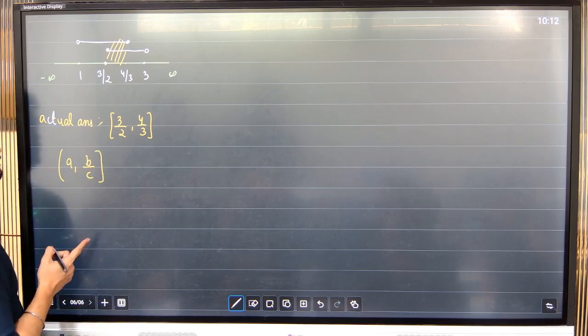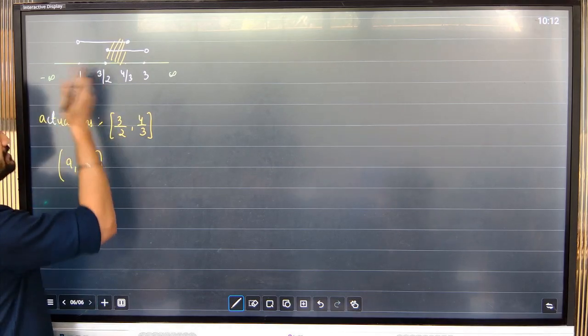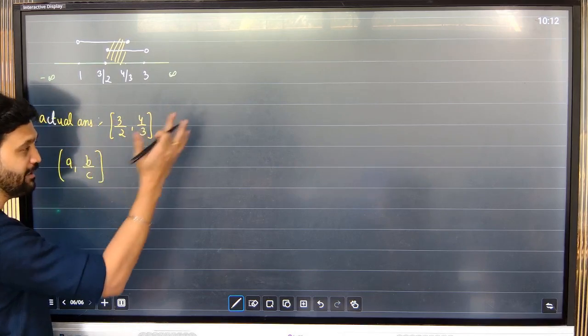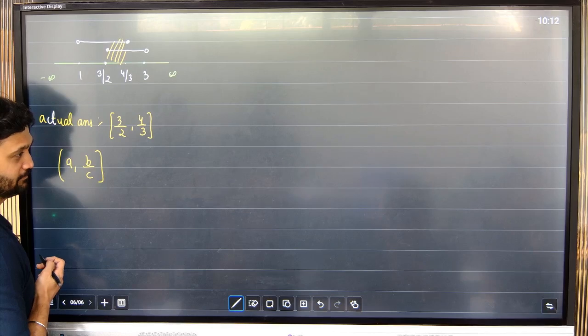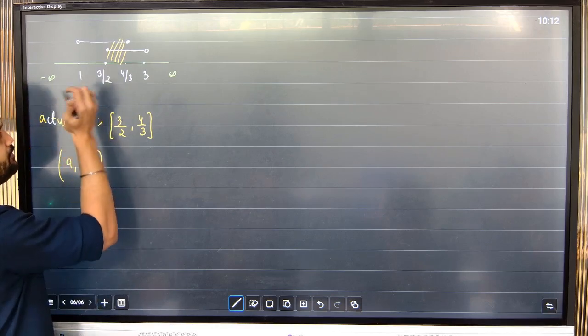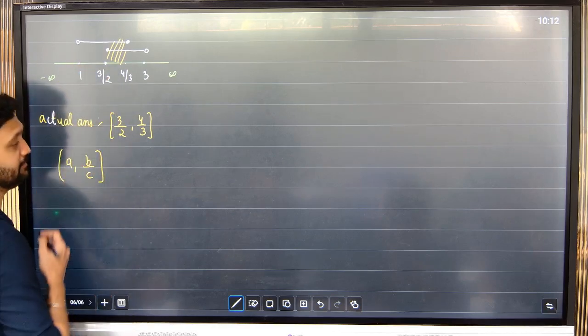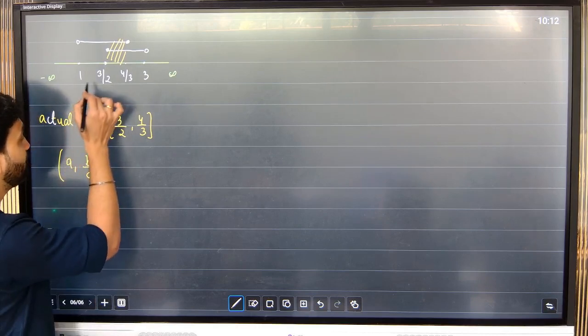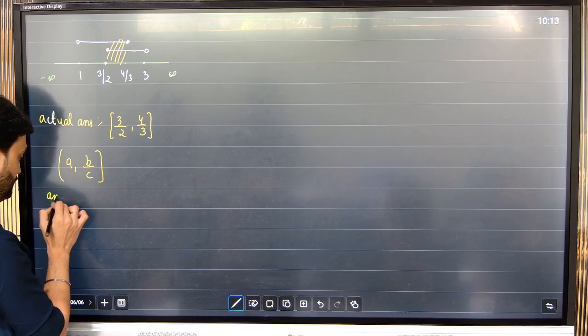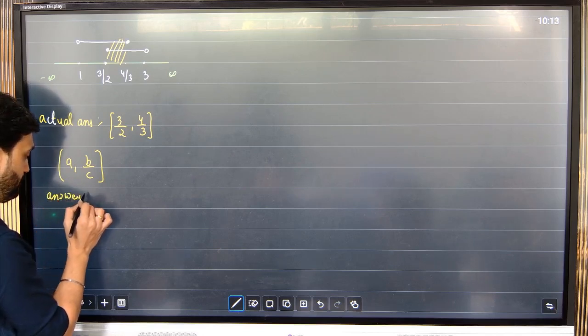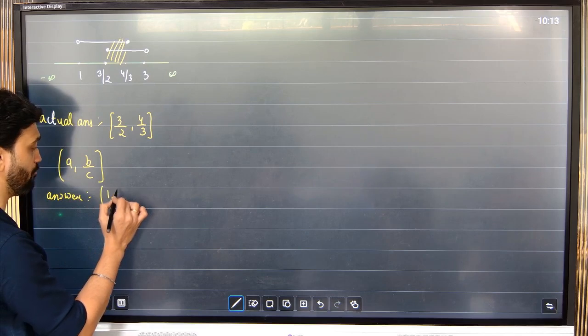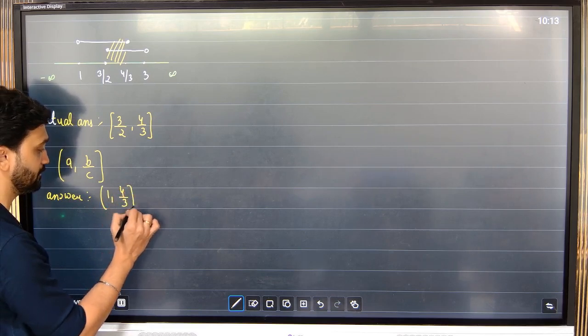This pattern मतलब 3/2 से पहले कौन सा वैल्यू है जो इंक्लूडेड नहीं है? 3/2 के लेफ्ट हैंड साइड में कौन सा वैल्यू है जो इंक्लूडेड नहीं है? 1. So I will write for this answer, I'll write the answer as 1 comma 4 by 3.